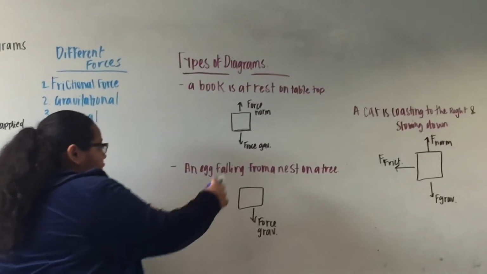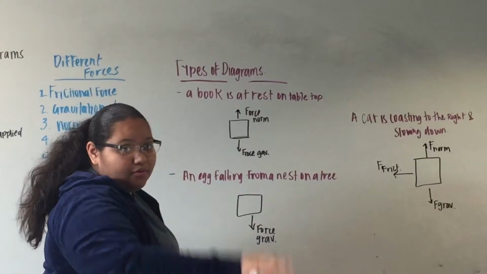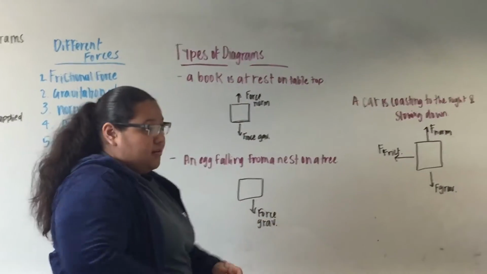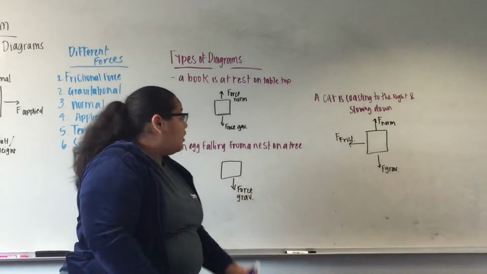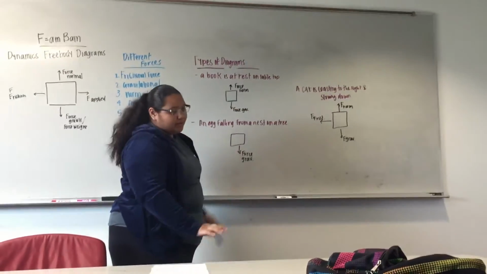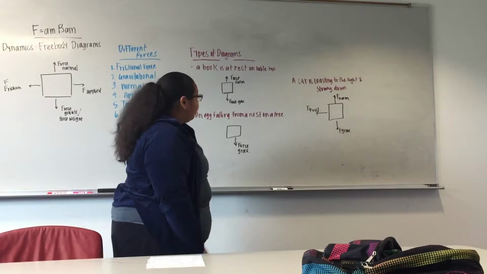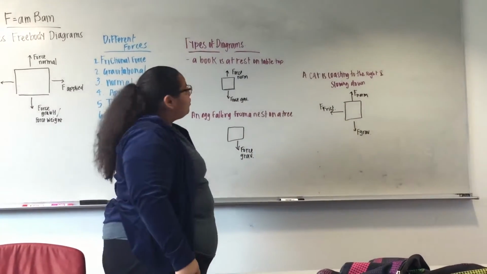You have force gravity pulling on it, or else the book will float, and you have force normal acting on it. Both of them are equal but opposite, and they help the book stay in place. That's why it doesn't float or fall through the table. This is an example of a balanced force.